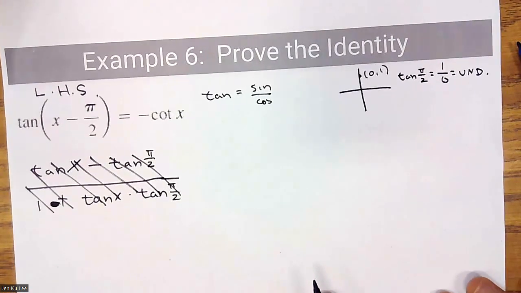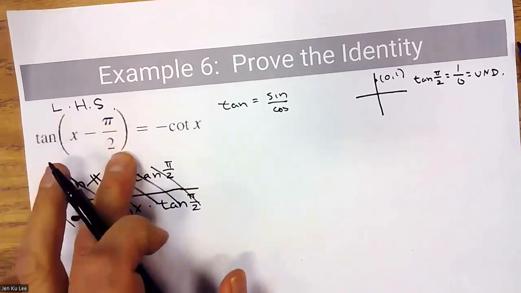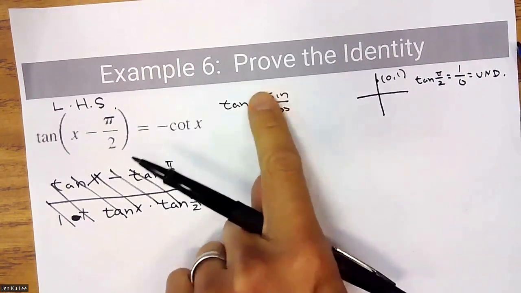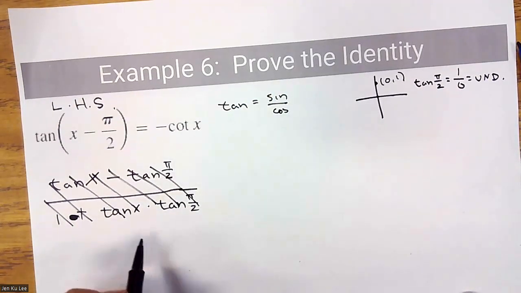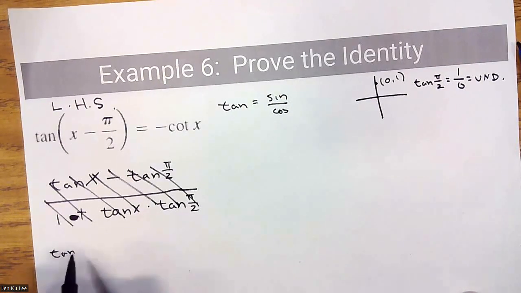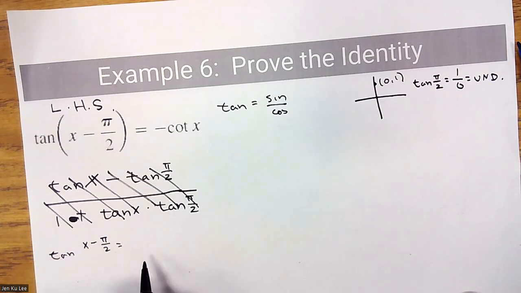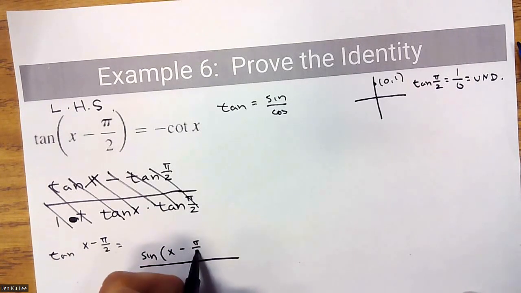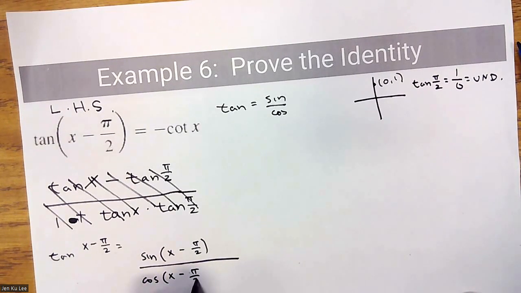So let's rethink this. My left-hand side is tangent of x minus pi over 2. I know this, right? So let's put it into sine over cosine. If I put tangent of x minus pi over 2 in terms of sine over cosine, that would be sine of x minus pi over 2 over cosine of x minus pi over 2.